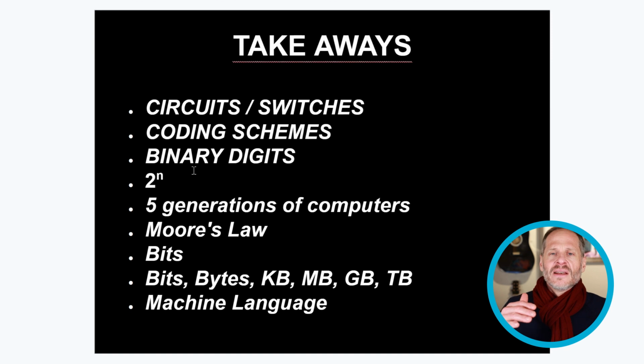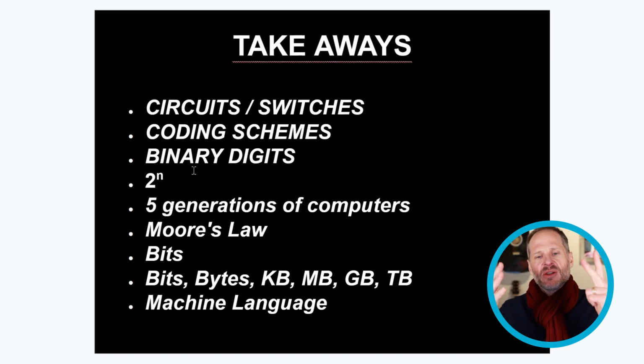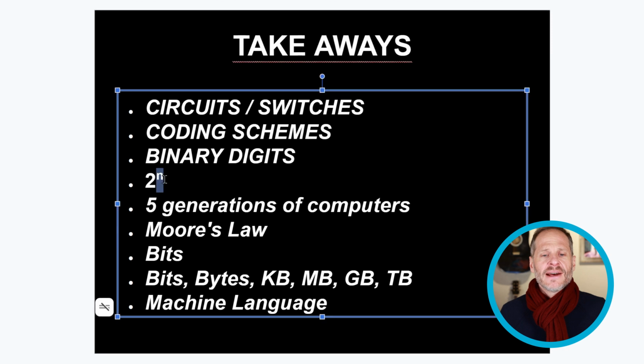If we have 8, it's 2, 4, 8, 16, 32, 64, 128, 256, so 256 different things with 2 to the power of 8. That formula tells us how many different combinations of on-off we have, depending upon how many switches we have. We didn't learn about the 5 generations of computers, but we learned about bits, bytes, kilobytes, megabytes, gigabytes, terabytes, and we also learned about machine language.